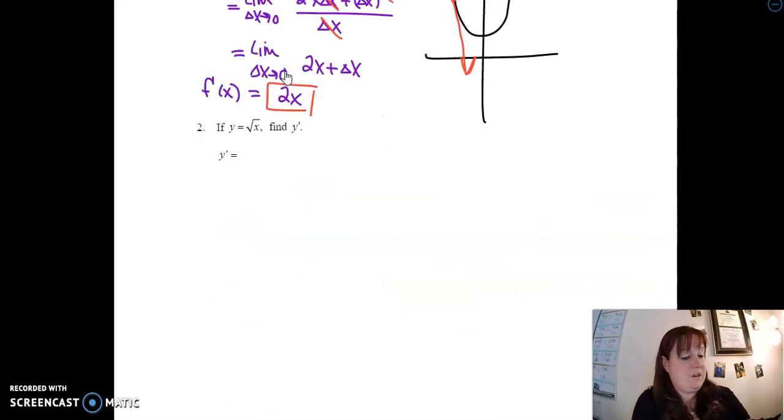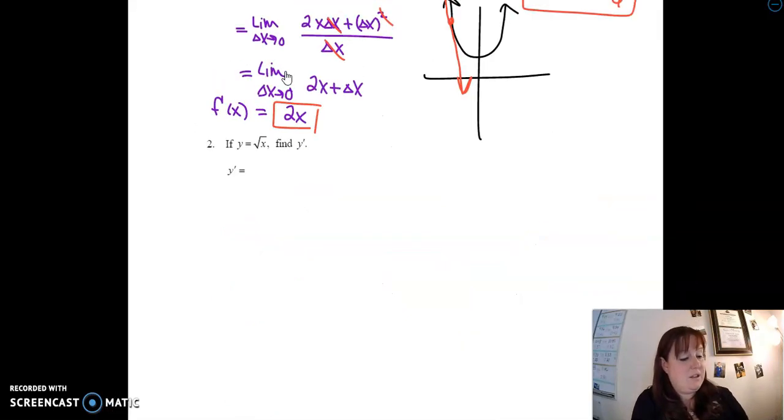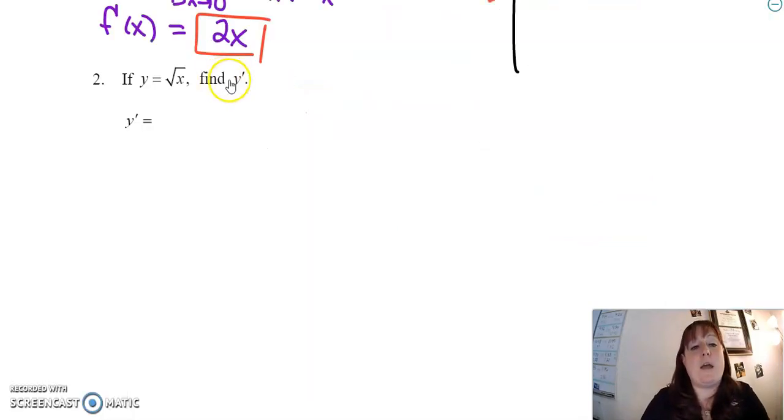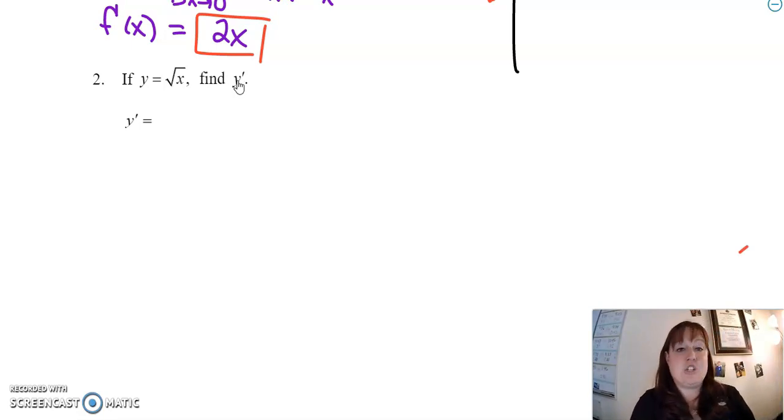All right, let's calculate another derivative. Here is a function, and it asks for y prime. Remember, y prime is the same as f prime of x. It's the same as dy dx. It's just another notation. So let's use the h notation this time instead of the change in x notation because it's a little less messy.